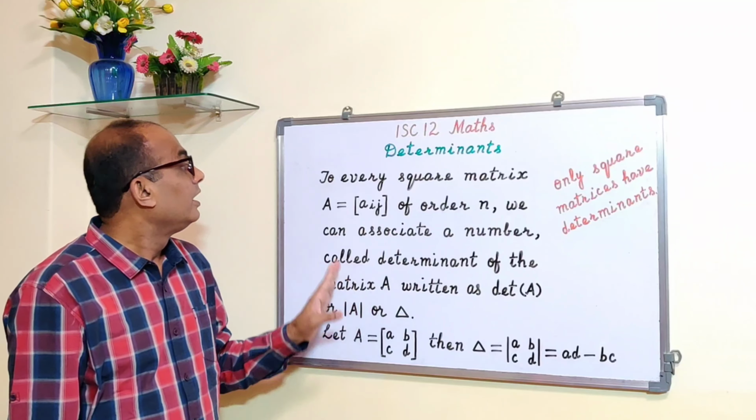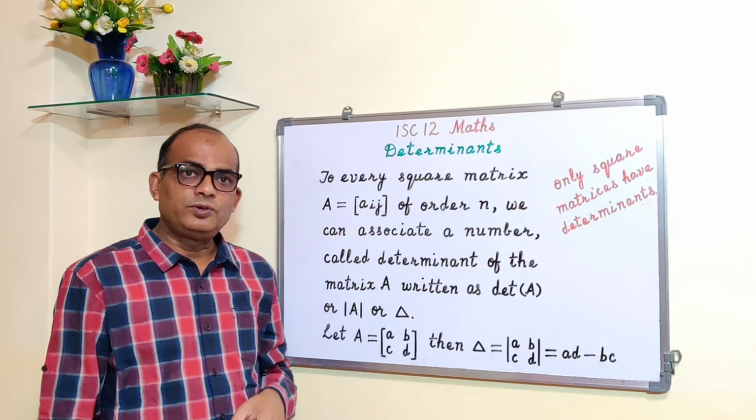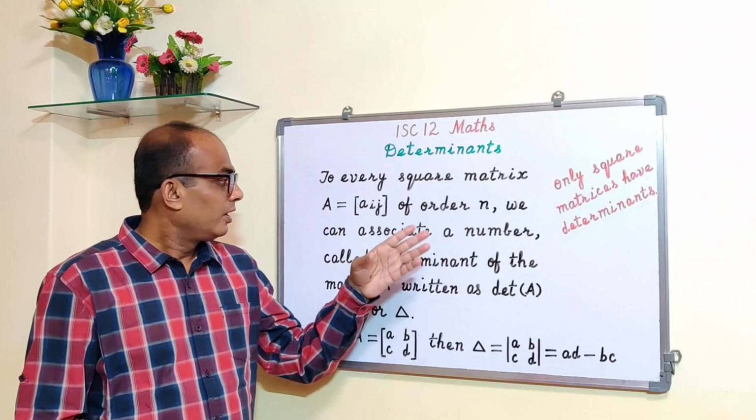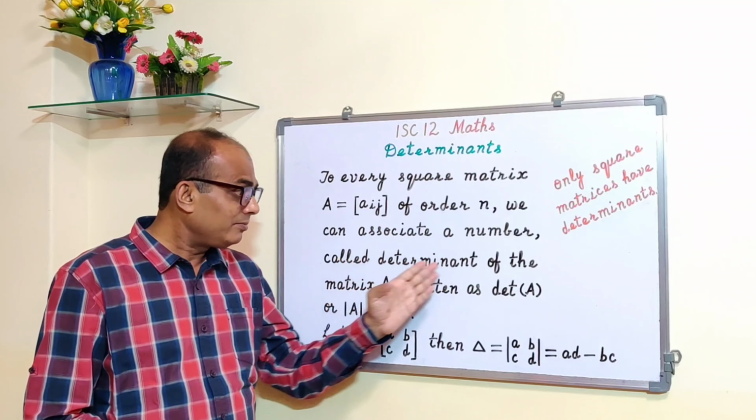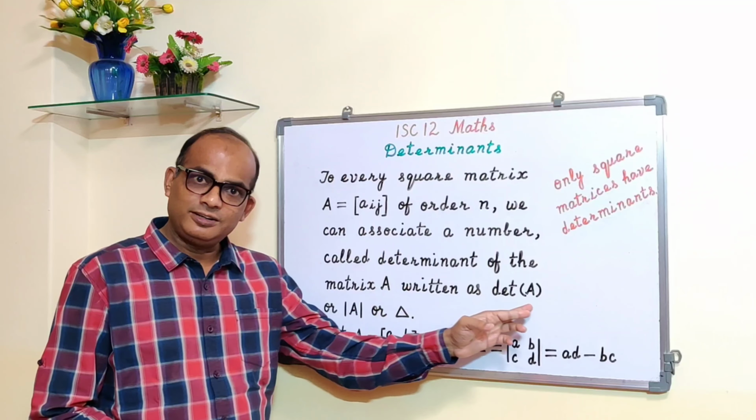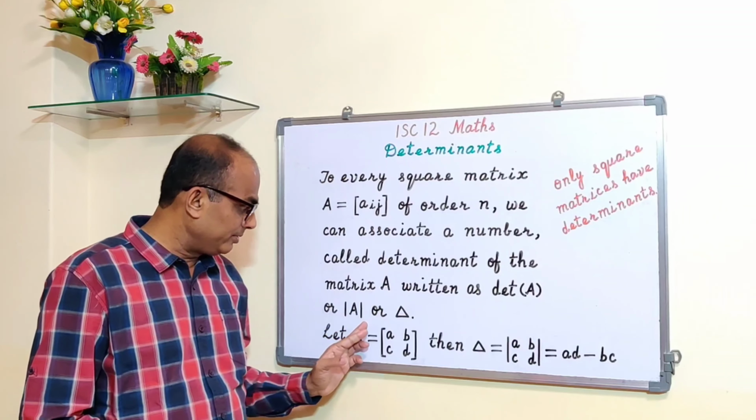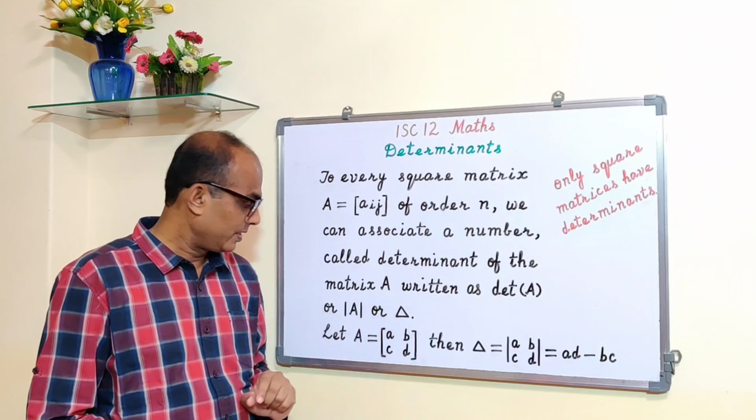Alright. So to every square matrix A is equal to [Aij] of order n, we can associate a number called determinant of the matrix A, written as |A|, det A or delta.